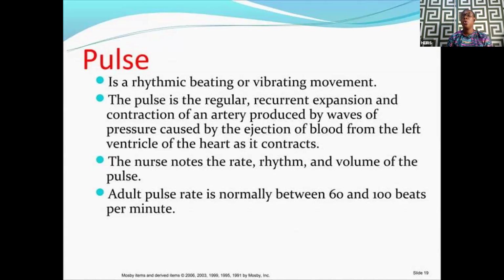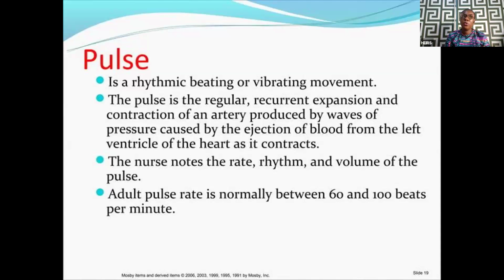It sounds like a mouthful. What it just means is, each time the heart pumps, that pressure goes to the vessels, to the arteries especially, and then you will have that pressure transmitted as pulse rate. So it is that transmitted contraction of the heart and relaxation of the heart that we then decide to read or count as pulse rate.